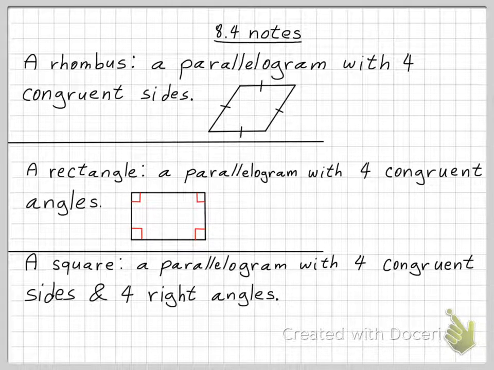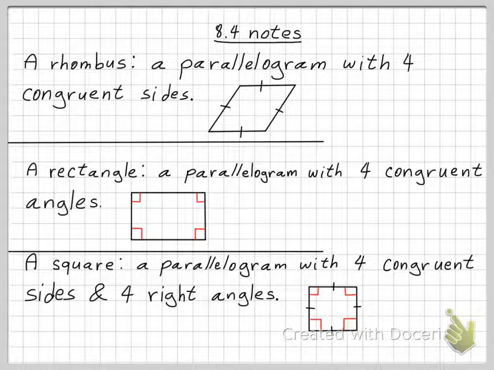And then a square is defined as a parallelogram with four congruent sides and four right angles. So it's both a rhombus and a rectangle. So there we have a square. It has four congruent sides and four 90-degree angles, or four right angles.